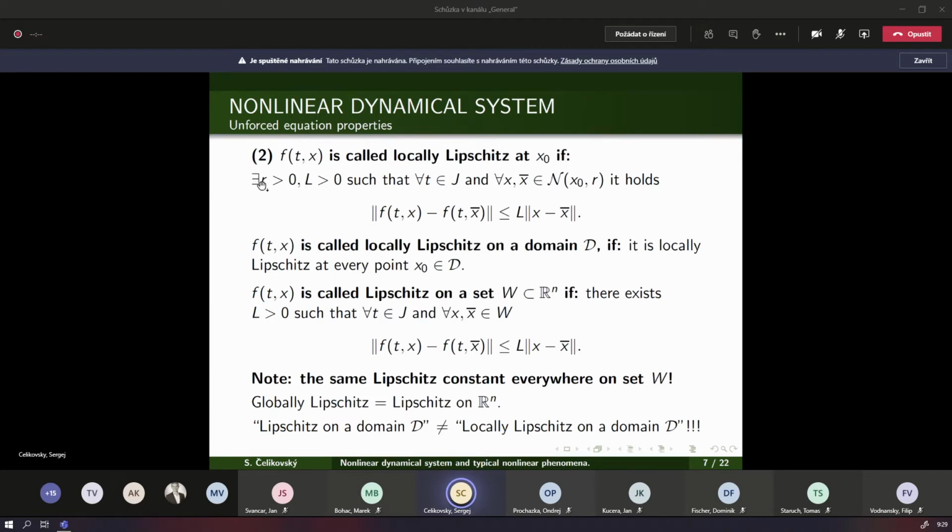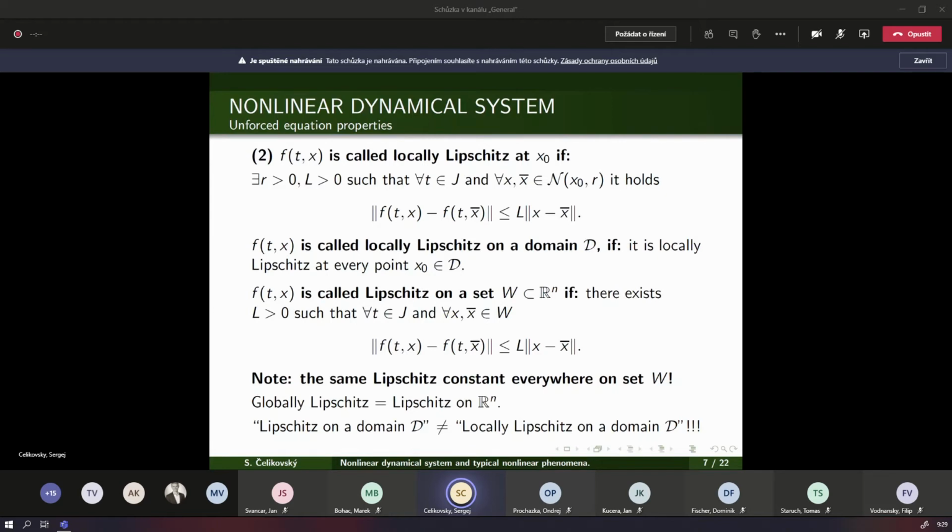So maybe r is a very small number, and this holds only in this small neighborhood. But if then this holds on the whole domain, then we ask that at every point we would have this property.